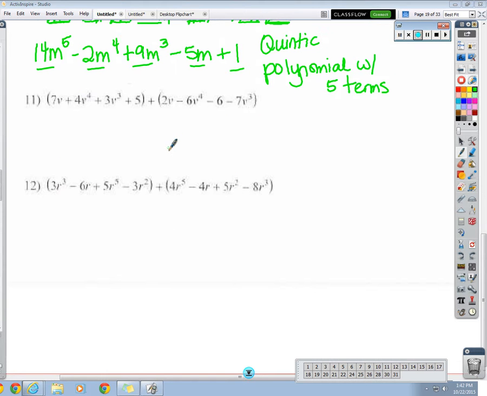Number 11, what did y'all get? Yeah, the answer, like this part. Right? Is that what everybody got? Okay, so what kind of polynomial is that?